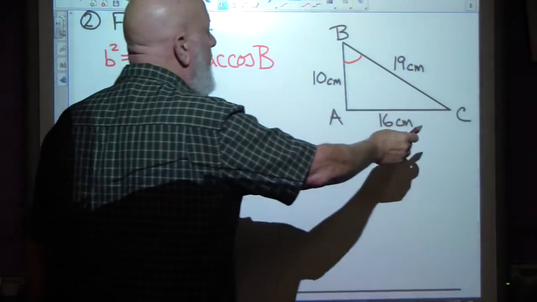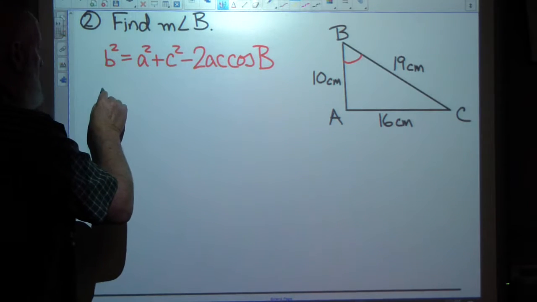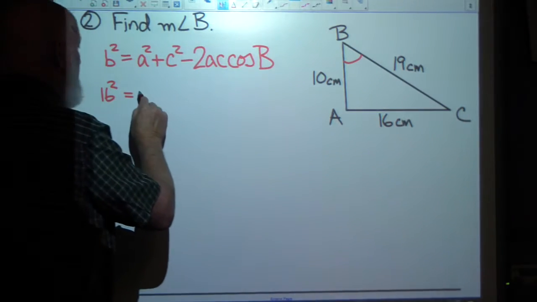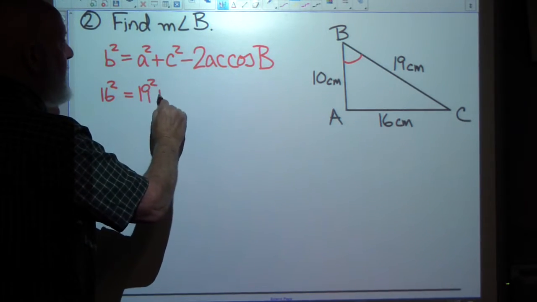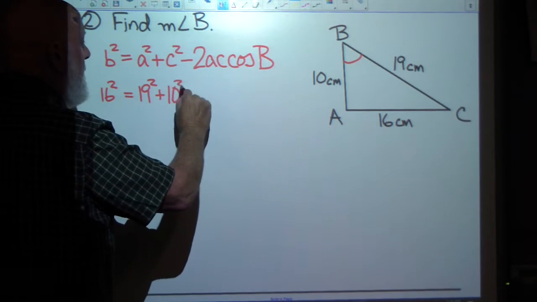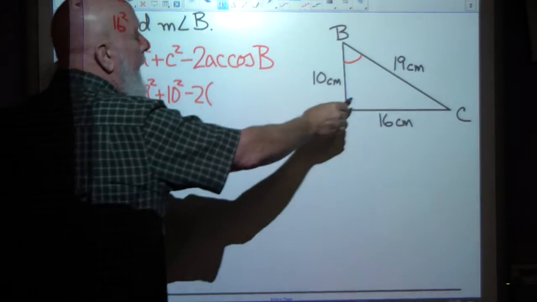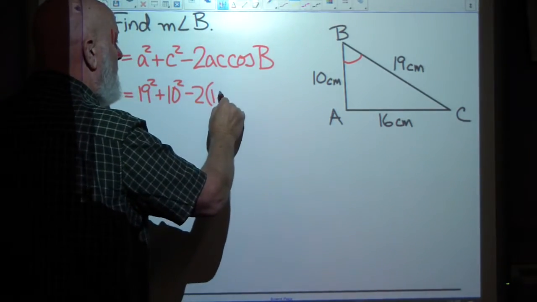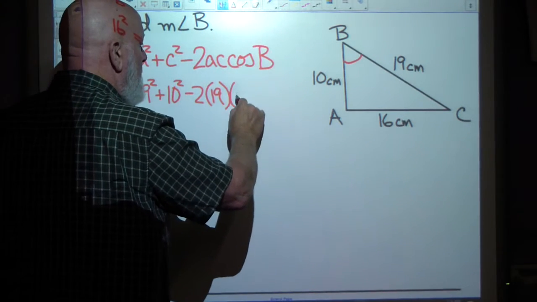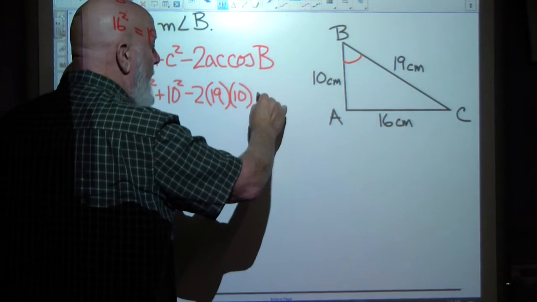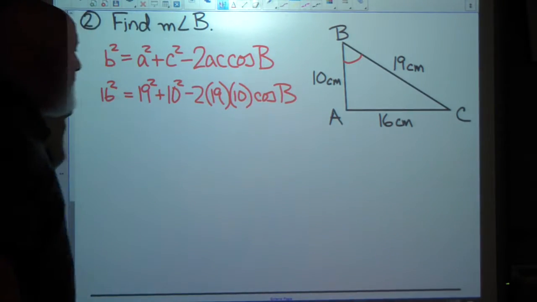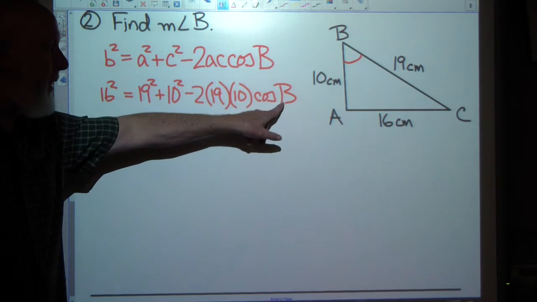B squared, that is 16 squared, is equal to A squared, which is 19 squared, plus C squared, which is 10 squared, minus 2 times A, 19, times C, which is 10, times the cosine of B. Well, I don't know what B is, that's what I'm looking for. But now I've got something with only one variable in it.